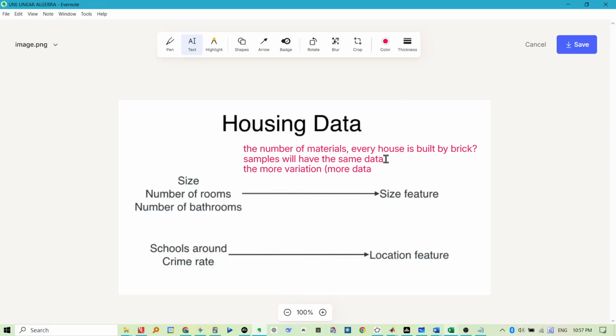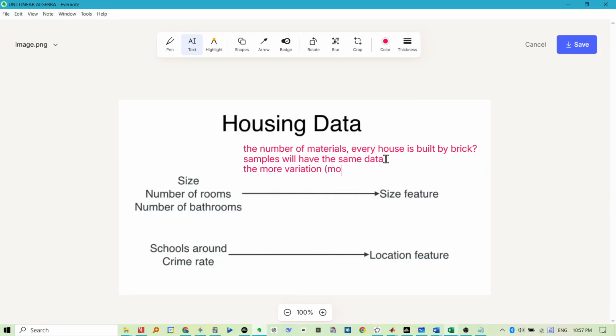What do I mean by the more data? Like, a dormitory will be bigger than a normal house, right? A dormitory is bigger than a normal house, and a house of 8 people will be bigger than a house of 4 people.